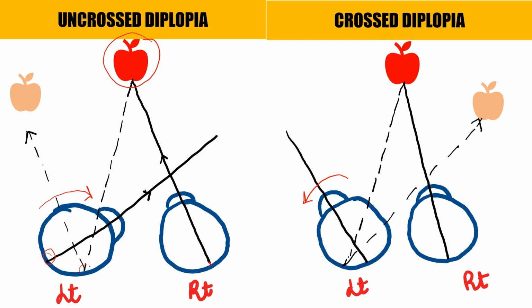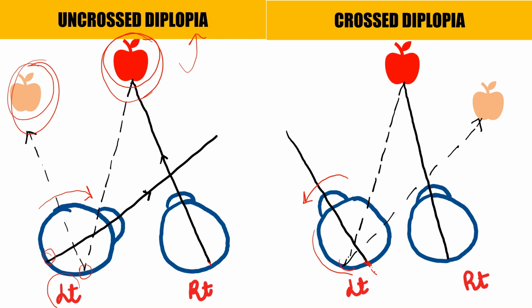Instead it is falling somewhere on the nasal retina, and therefore the image will be in the temporal field. You see that the image of the left eye is present on the left side and the image of the right eye is falling on the right side, leading to uncrossed diplopia. Whereas it is totally opposite to what you see in crossed diplopia. In exodeviation, the object is going to be projected now on the temporal half of the retina, right?